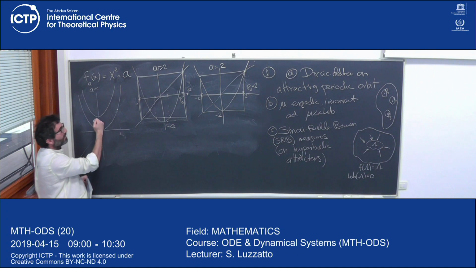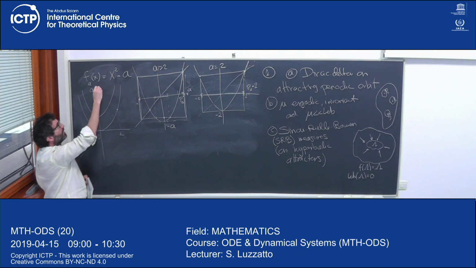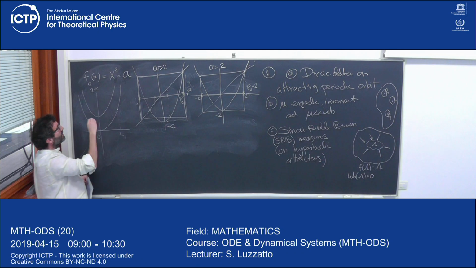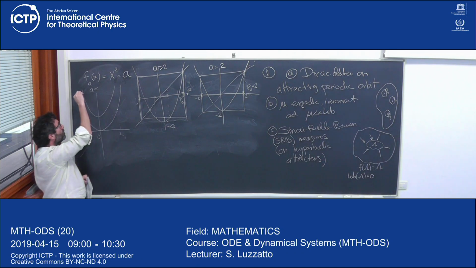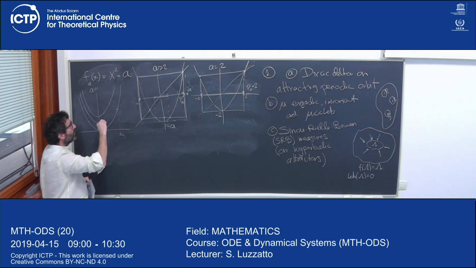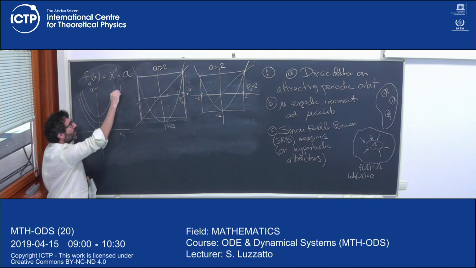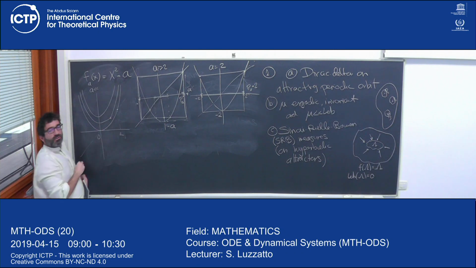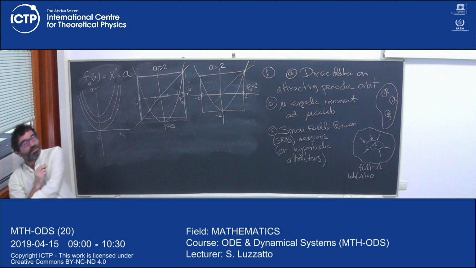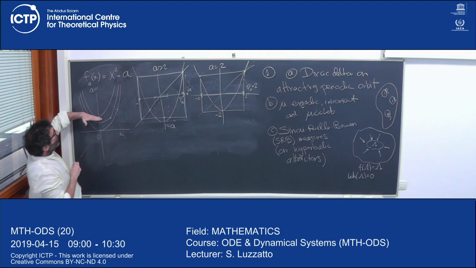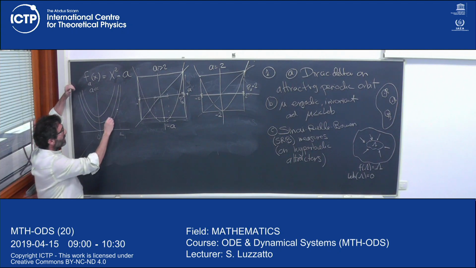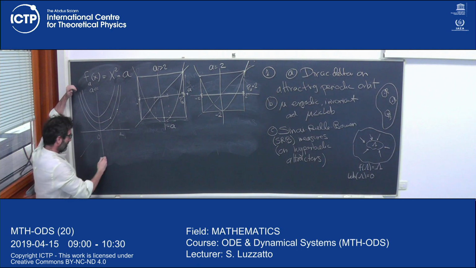When A is negative, we're moving up. So for A not even much less than 0, there is one parameter for which this map is tangent to the diagonal. And that's the first time that a fixed point appears.